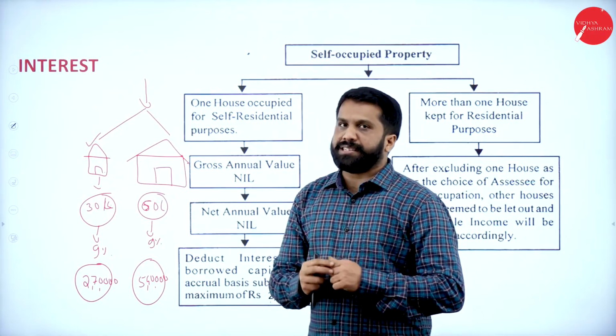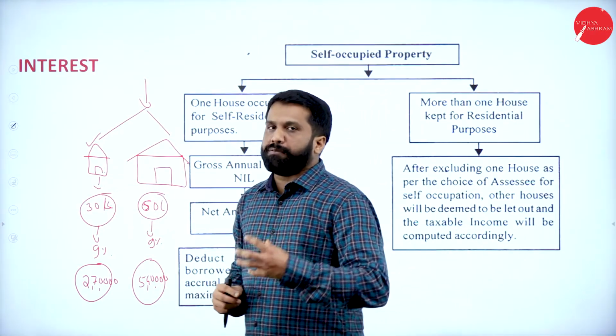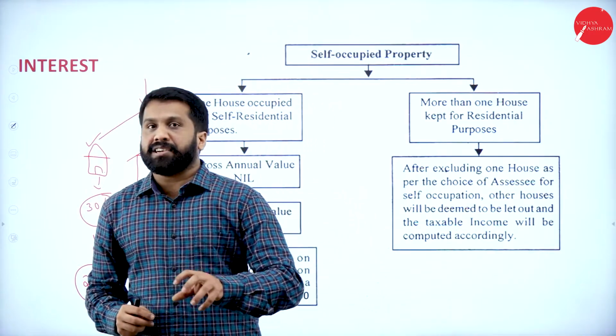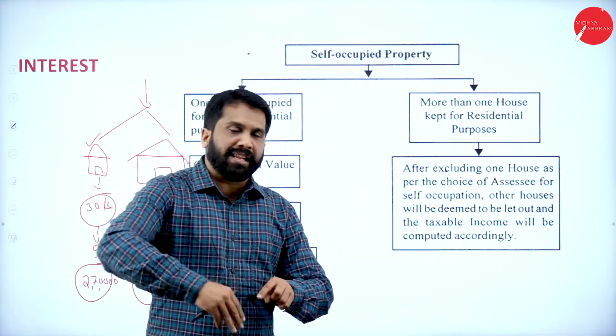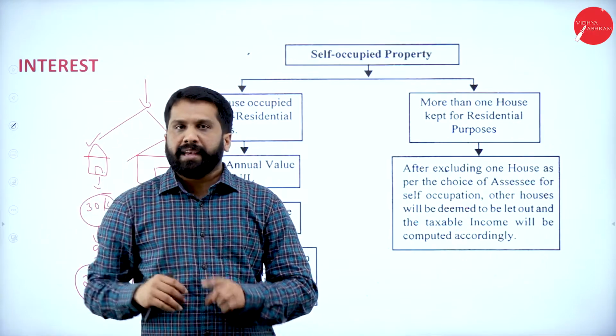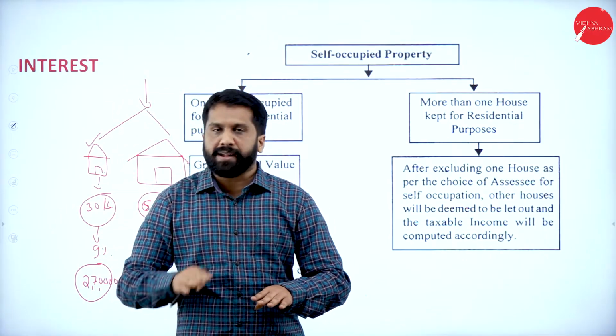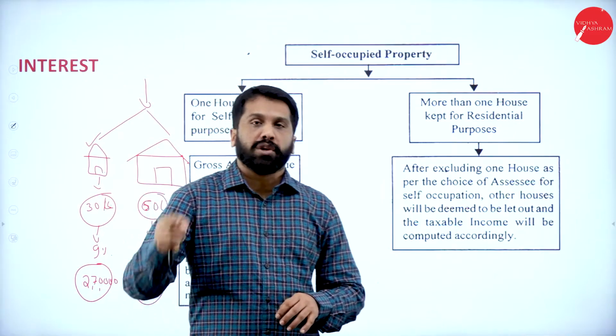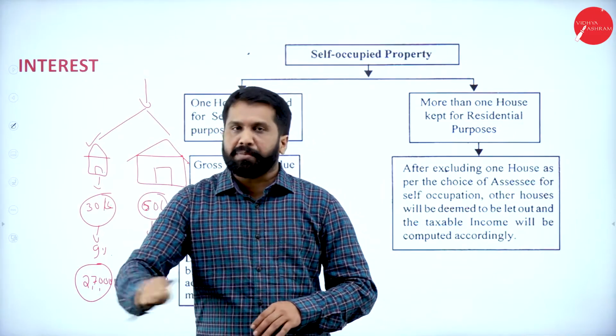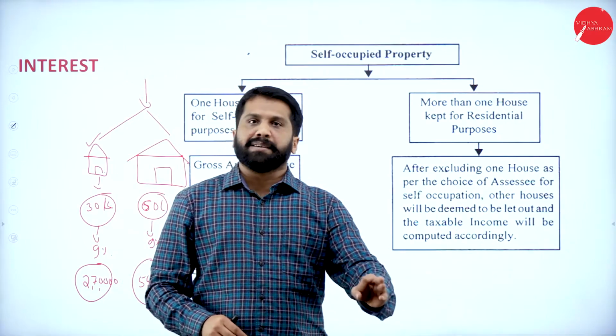Why? The reason is, if it is not self-occupied, the interest you paid, unlimited, you can claim. Again, I'll repeat, if the house is not self-occupied, whatever interest you have paid, unlimited, it is exempt.